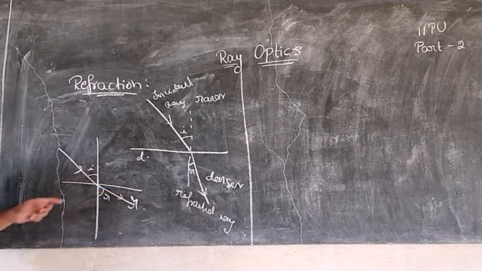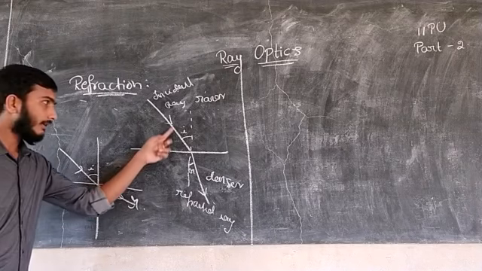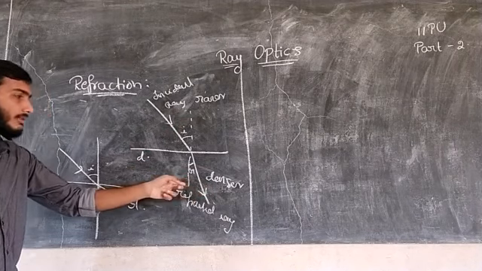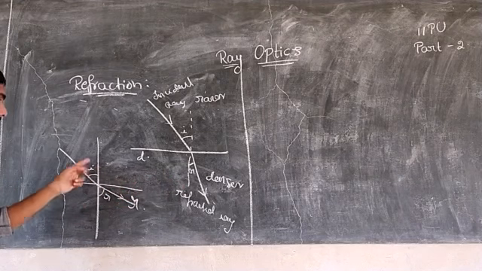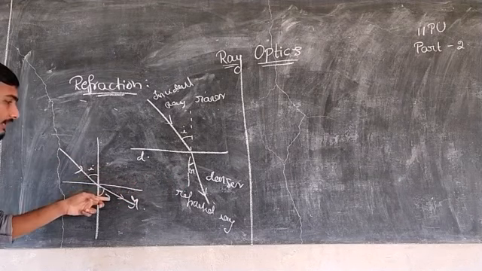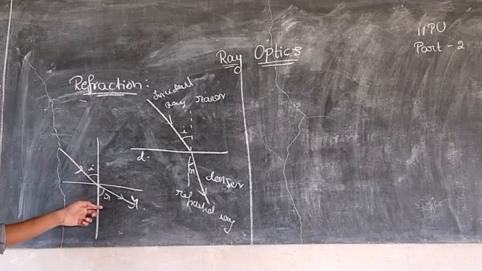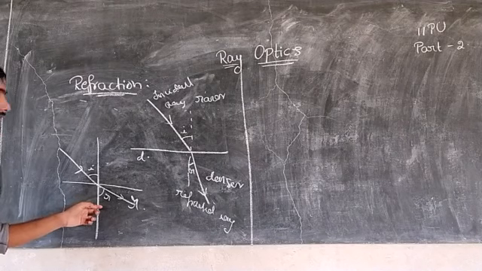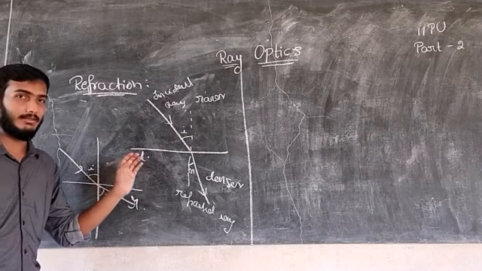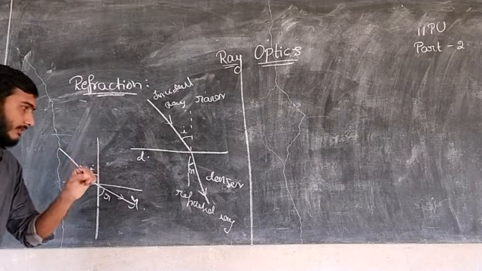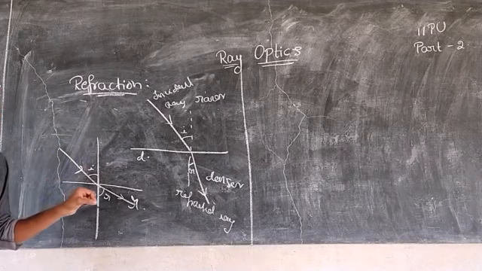When the ray travels from the rarer medium to the denser medium, it moves towards the normal. If it travels from the denser medium to the rarer medium, it moves away from the normal. That is the difference.